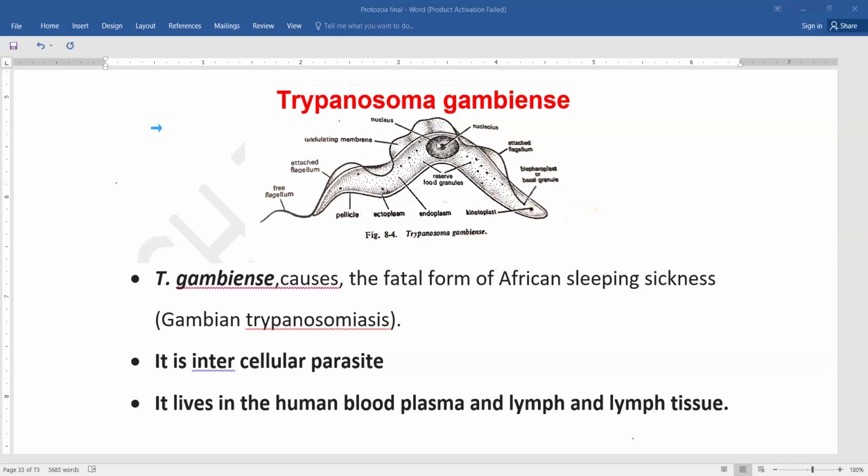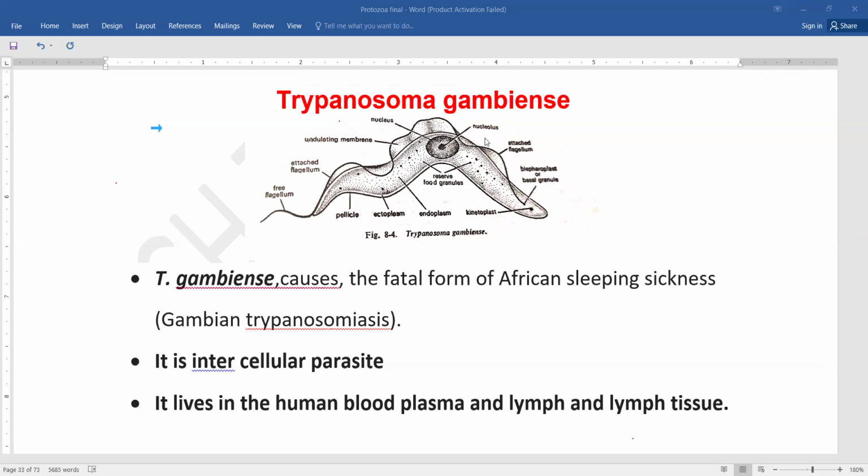In the middle of the cytoplasm, a vesicular or vesicle-like nucleus is seen. Here this is called the kinetoplast, and below that there is a basal granule from which a long flagellum is generated.